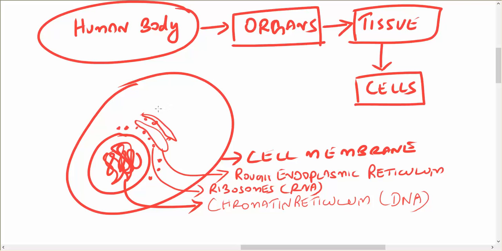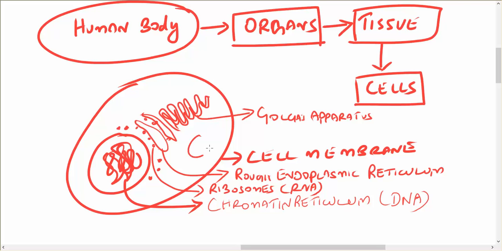After that we have the Golgi complex, the Golgi apparatus, and we have small vesicles loaded with enzymes.